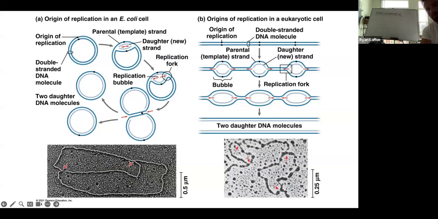Eventually, when you get your two brand new DNA molecules, you can see that each one has half dark blue, half light blue. So what does that mean? It means that each brand new DNA molecule, they're genetically identical, or they're the exact same, right? But each one contains half of the original parent molecule, and the other half is brand new, newly synthesized, right?